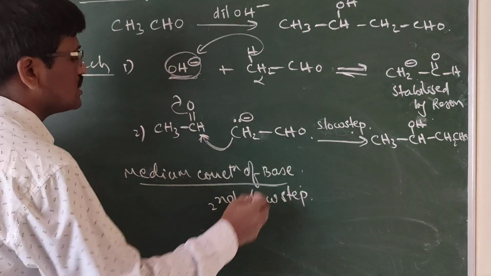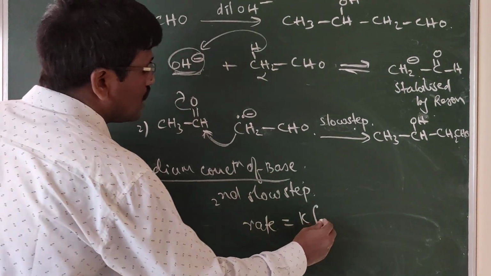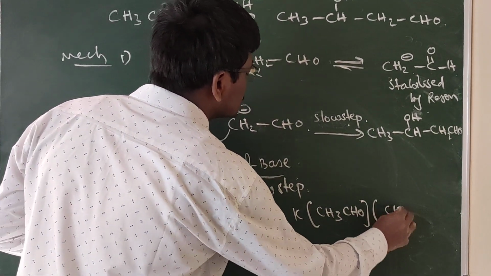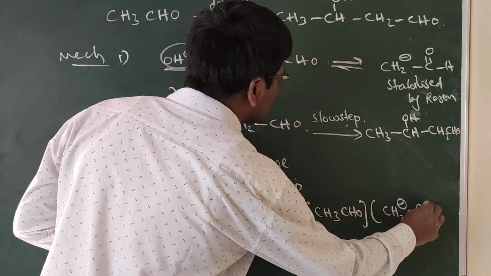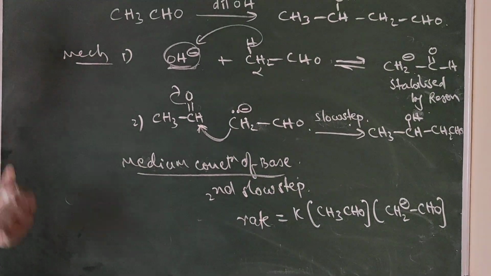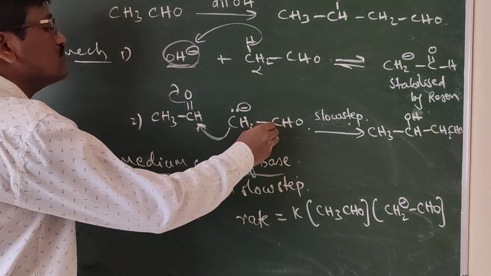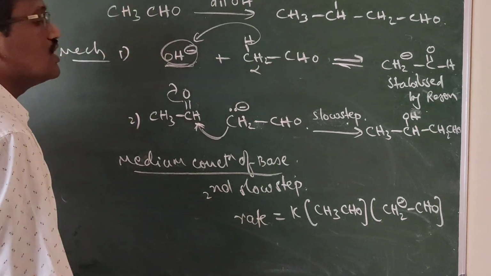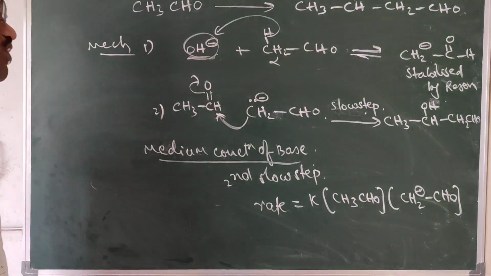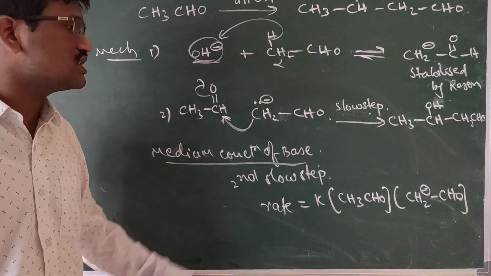Based on this step, the rate equation is equal to K into the concentration of aldehyde into the concentration of carbanion, or enolate ion. But here the carbanion is an intermediate, not a reactant molecule. The concentration of the intermediate cannot be controlled, and it will decompose during the reaction.